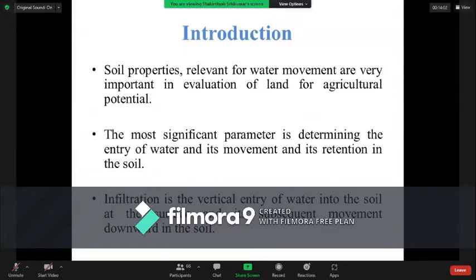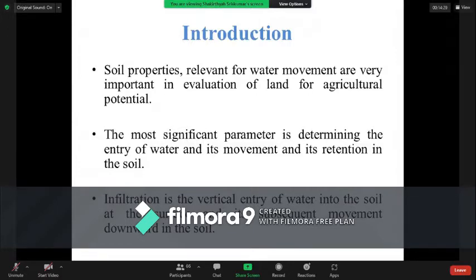So how does land get compacted? If you take an agricultural land, the previous harvest residues are remaining. Sometimes for harvesting purposes, you use vehicles like tractors.